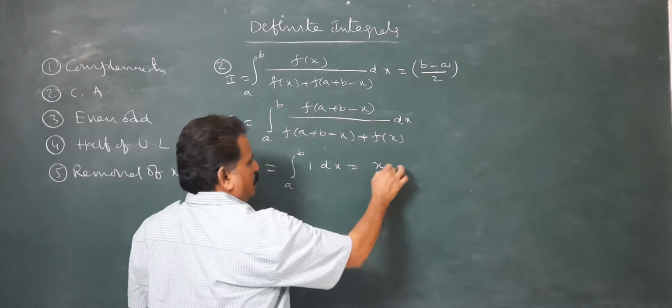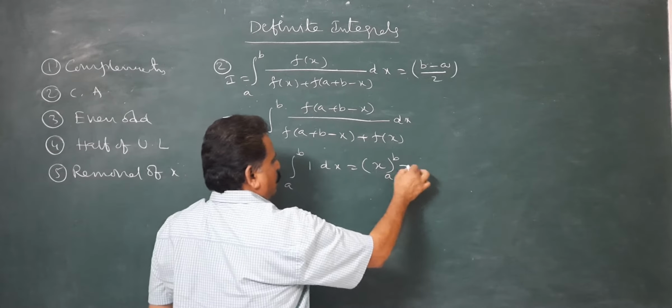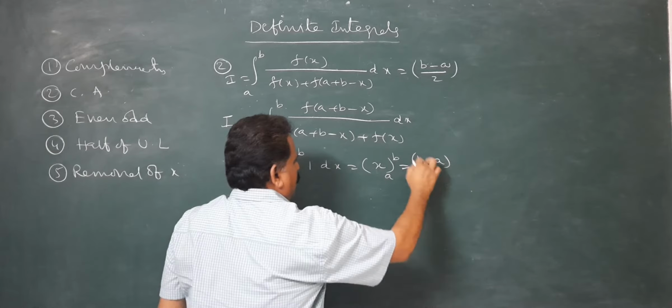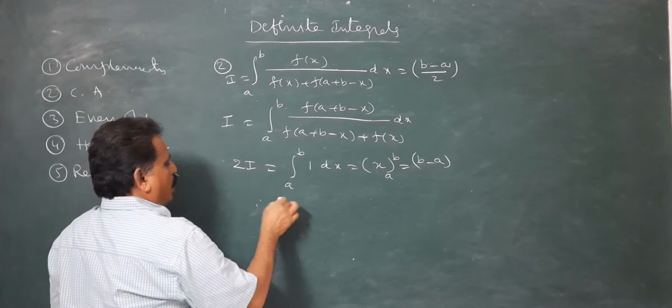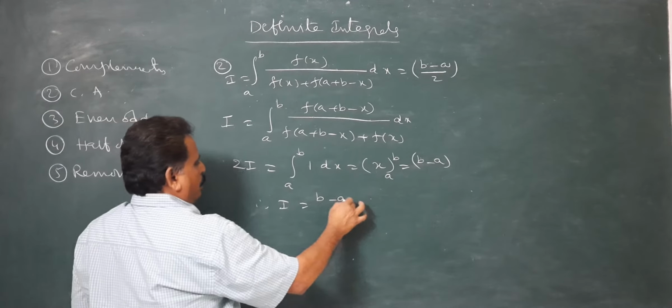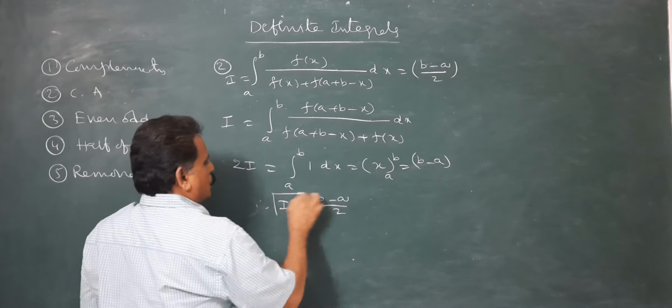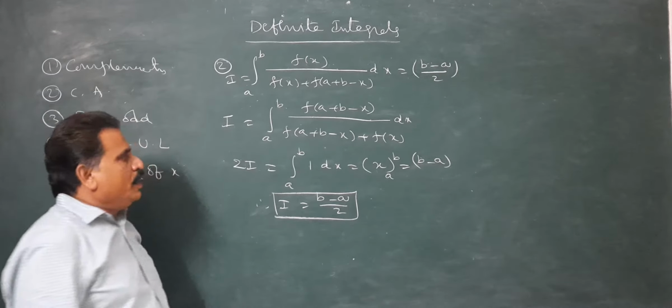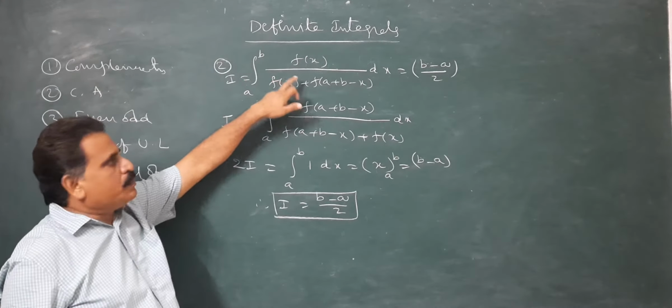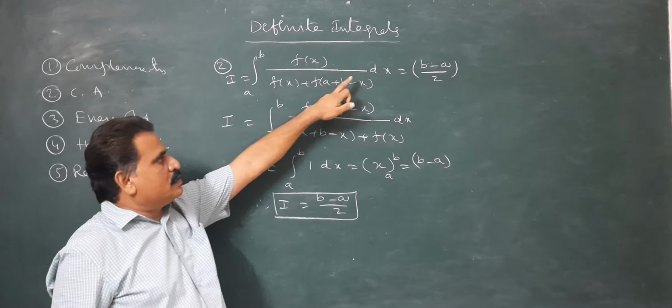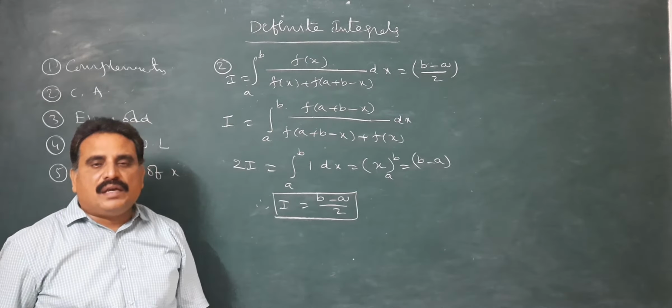The integration of 1 is x over the limits a to b, that is b minus a, which is the value of 2I. Therefore I equals b minus a by 2. So the integral from a to b of f of x by f of x plus f of a plus b minus x dx equals b minus a by 2.